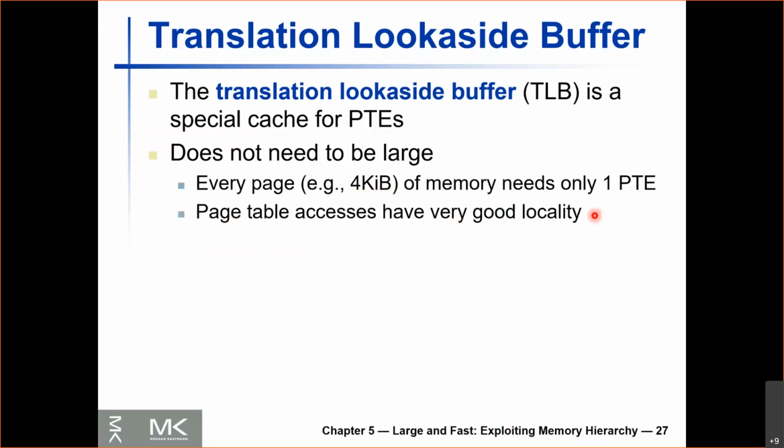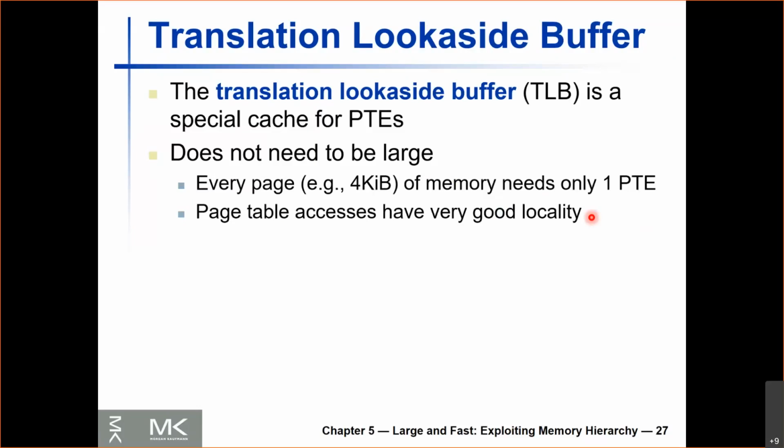Even if I'm doing random access, like a binary search, which accesses my array randomly, if I'm doing a binary search in an array that's 1,000 elements large, all those 1,000 integers are going to be in the same page. So even if I have random access in my data or in my instructions, I would still have good locality when accessing my address translations.